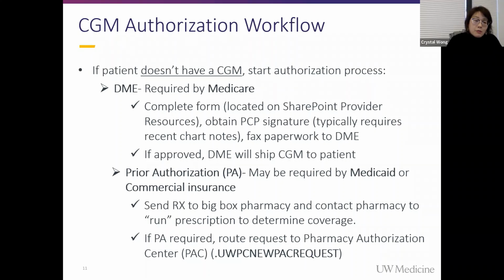Now, there may need to be prior authorization, in which case some chart notes, et cetera, need to be sent. And we do have participation of the prior authorization team, which is the same team that helps us with meds, to help collect some of the information. And they'll help fill in the gaps for that.